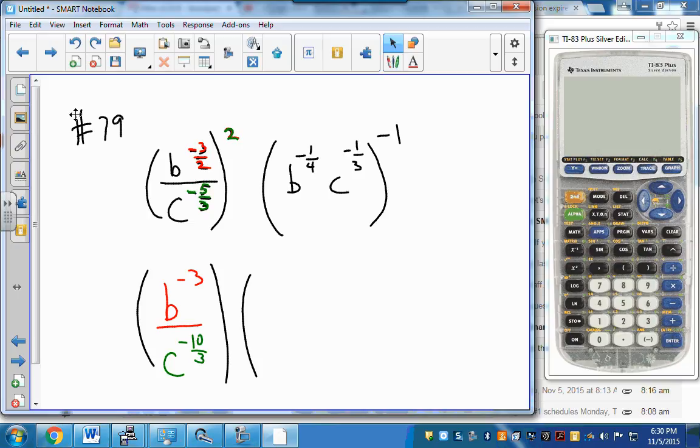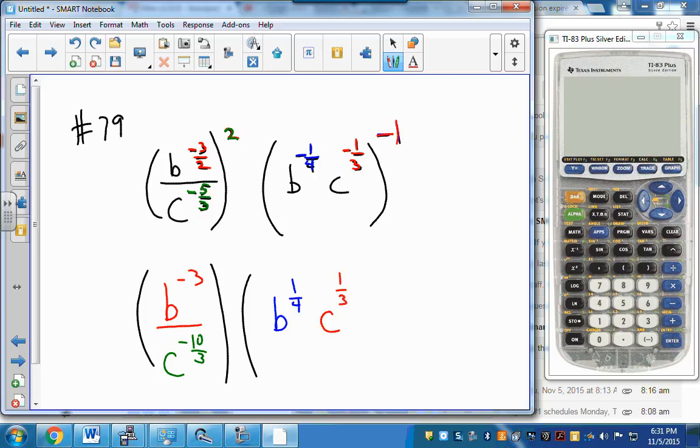I'm going to be multiplying the minus 1/4 times minus 1. So that gives me b to the positive 1/4. And then I'll do the same thing with c. I've got the minus 1/3. I'm going to multiply that times minus 1. So that gives me c to the 1/3.